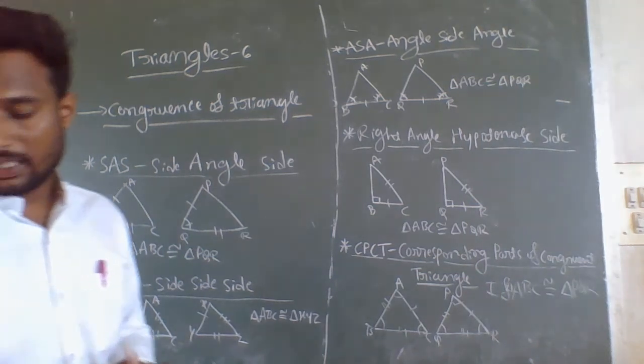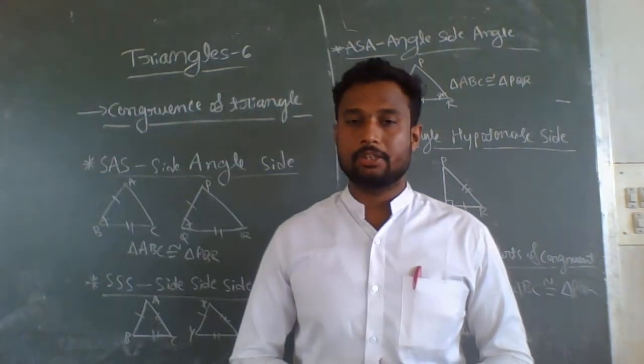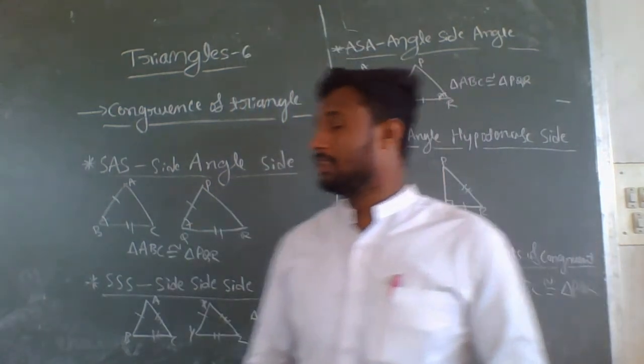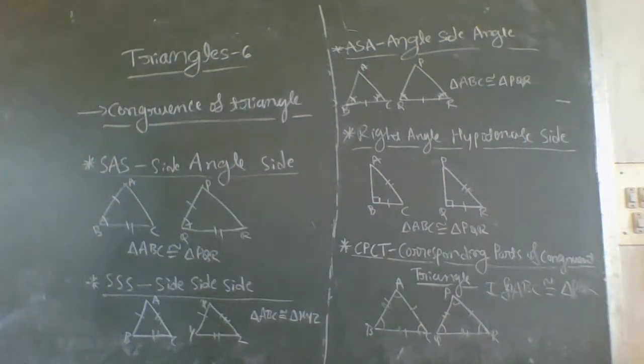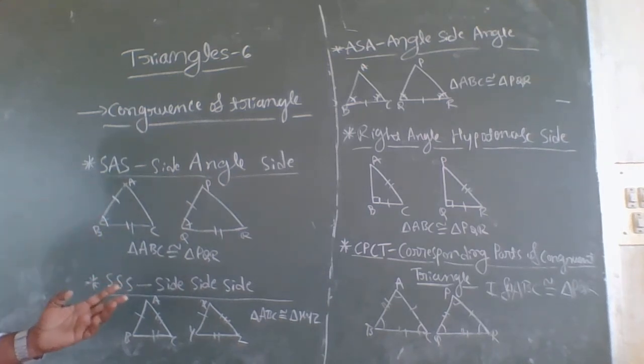Okay, so in the next class I will continue with exercise 6.1. I hope you all remember all these basic concepts: what is a triangle, what is congruency, what is similarity, the difference between congruency and similarity, and different examples on similarity.